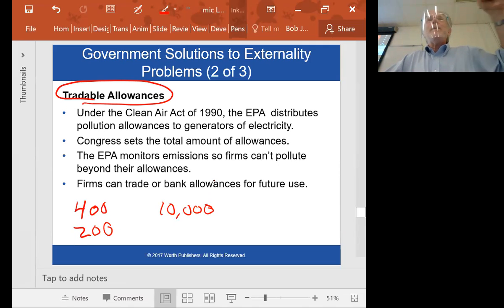Okay? The end result, because you bought them, is that company would then have to reduce pollution. So if you didn't like the outcome that the government had chosen, you could raise money and buy them up, and that would result in an outcome that would have even less pollution.